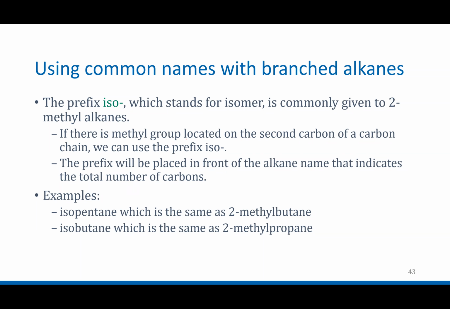If there's a methyl group located on the 2nd carbon of a carbon chain, we can use the prefix iso. The prefix is placed in front of the alkane name that indicates the total number of carbons. So something like isopentane. Isopentane is the same as 2-methylbutane.